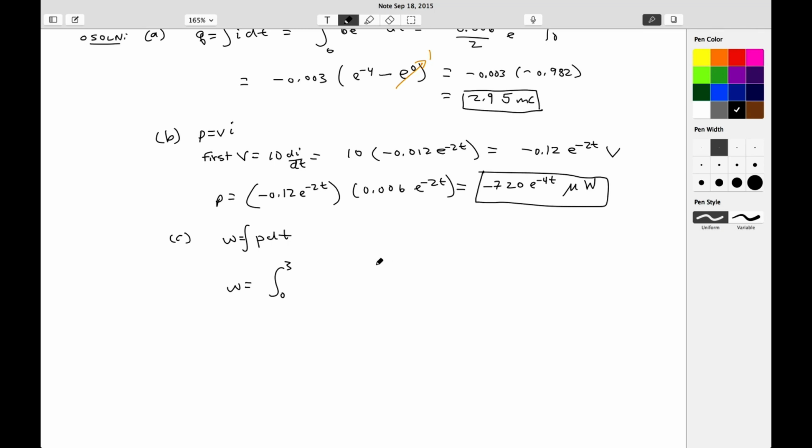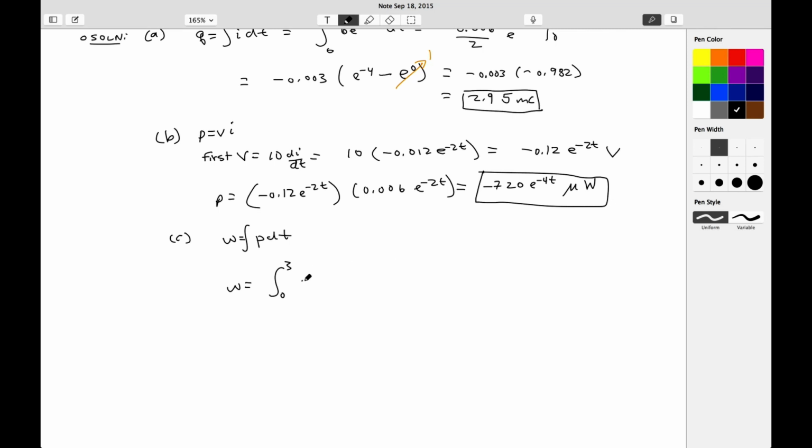So it's going to be, well, since this is in microwatts, that means in milli, it's going to be 0.72. All right, but what I can do here is basically make sure that I have this right.